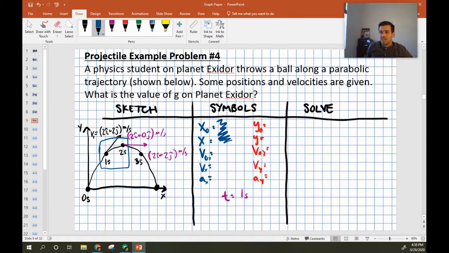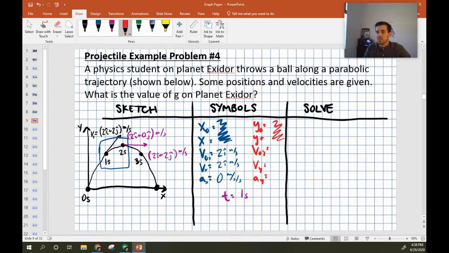I didn't write anything about units anywhere, and they're not given in the original problem. But what I know is that in the vertical direction, I have an initial velocity of 2j meters per second and a final velocity of 0, and my acceleration is what I'm trying to find. I hope I've been using horizontal and vertical correctly.